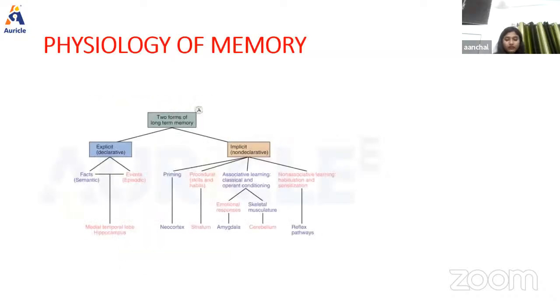So talking about the functions of the thalamus. First, a very important function is that it acts as a relay center, right? The thalamus forms the relay center for sensation.